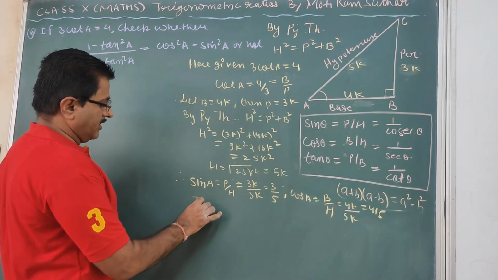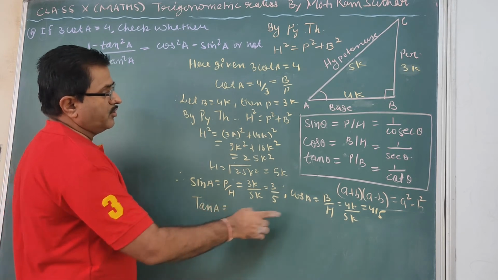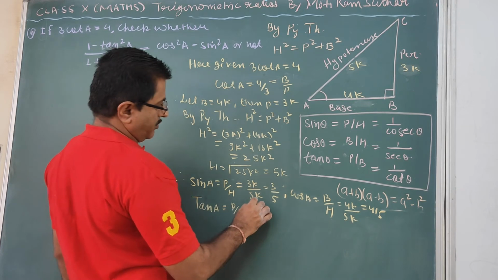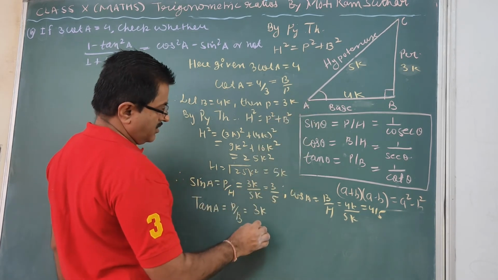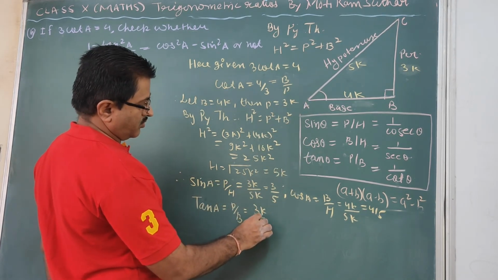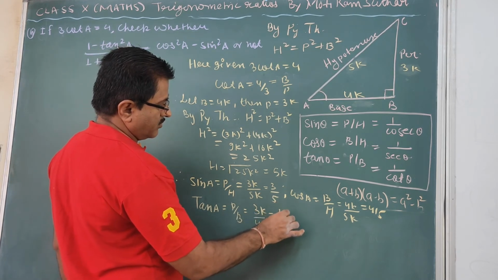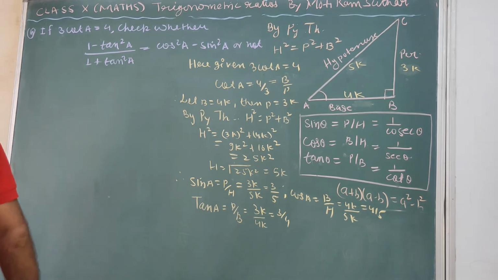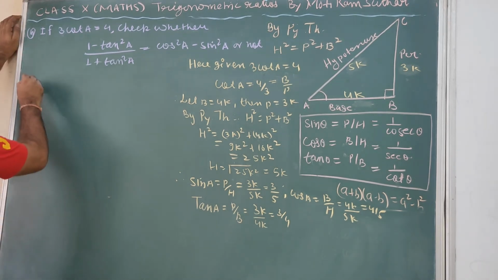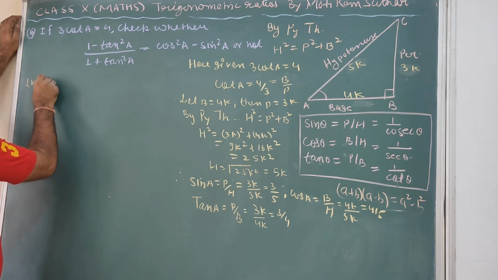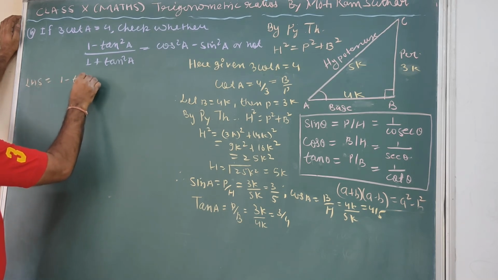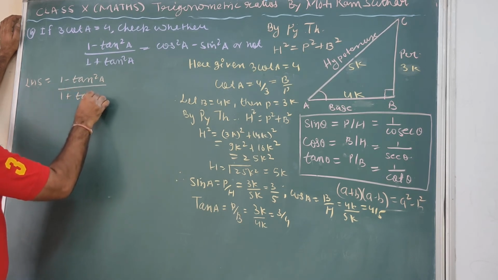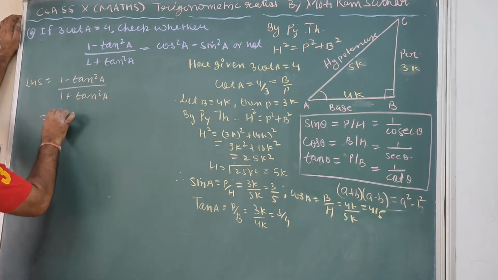Similarly, tan A. We know the formula for tan A, perpendicular upon base. So here perpendicular in the figure is 3k and base is 4k, so we get 3 by 4. Now we take the left hand side and right hand side and we solve. So we take the left hand side: 1 minus tan square A upon 1 plus tan square A. Correct?